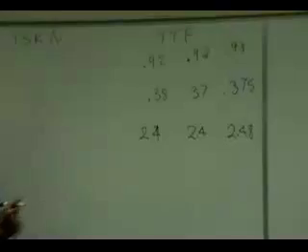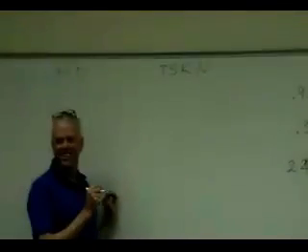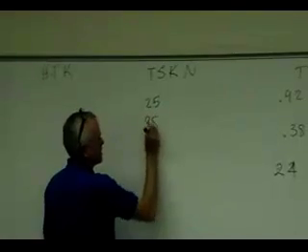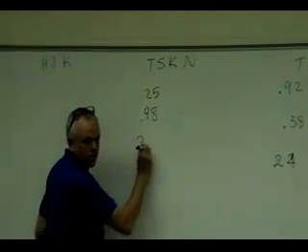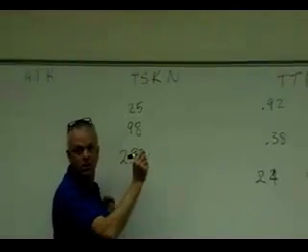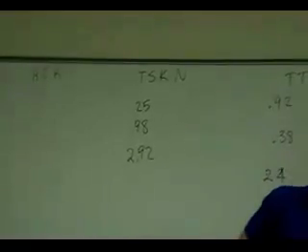All right. The TSKN group. 0.25, 0.98, 3.92. That's your small triangle. Medium-sized triangle. I said 3.92. I wrote what I heard.